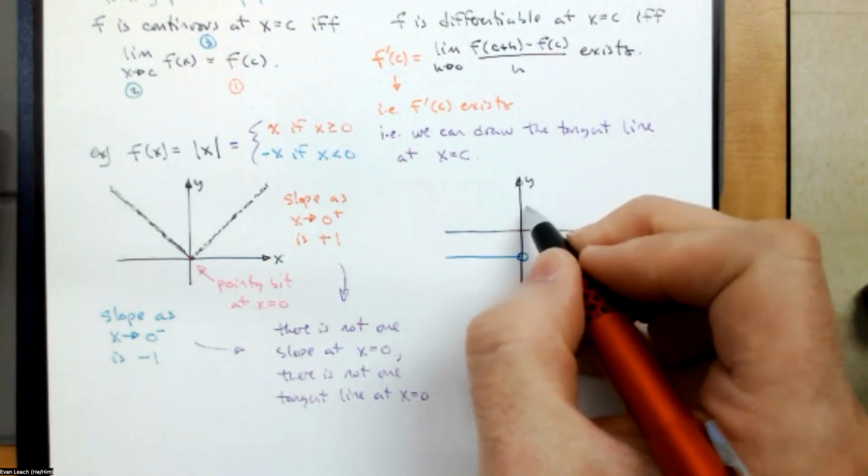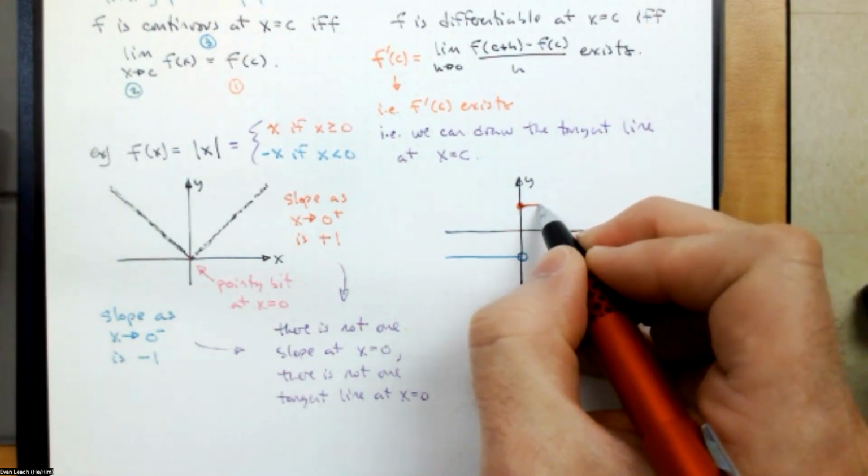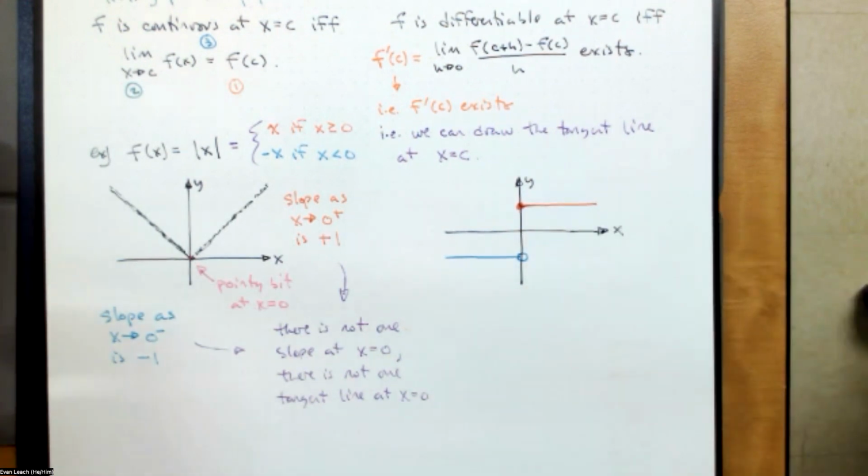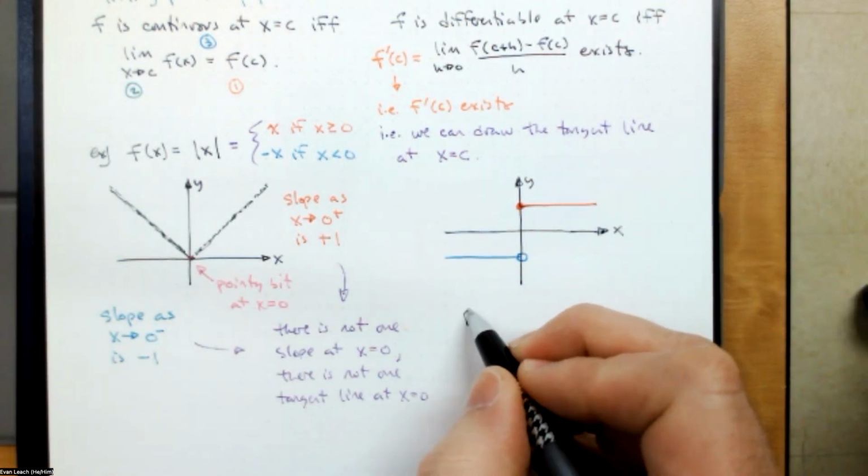The slope as x approaches 0 from the right is +1. Here's the graph of f prime.